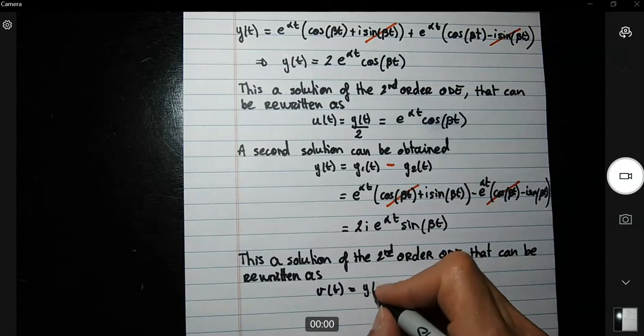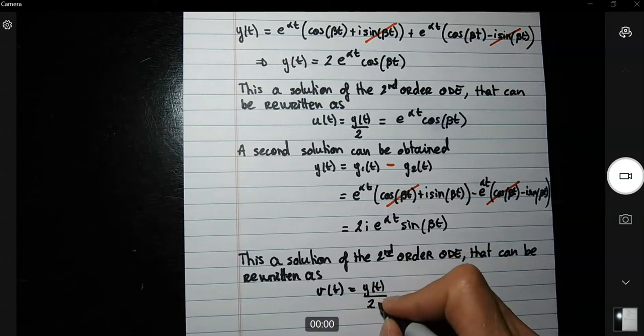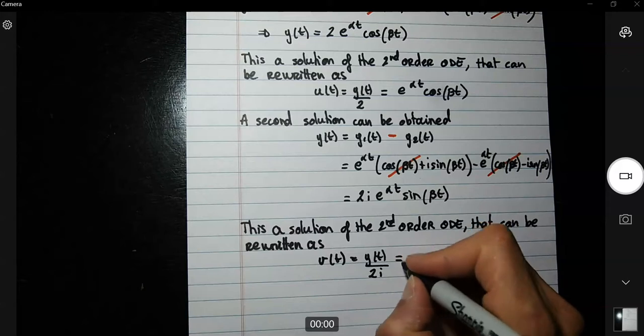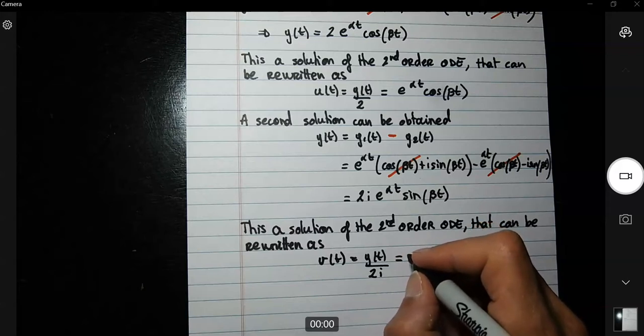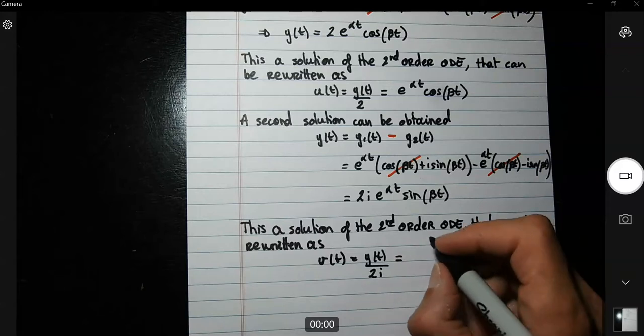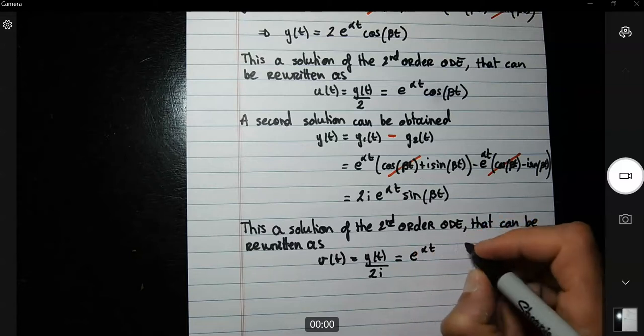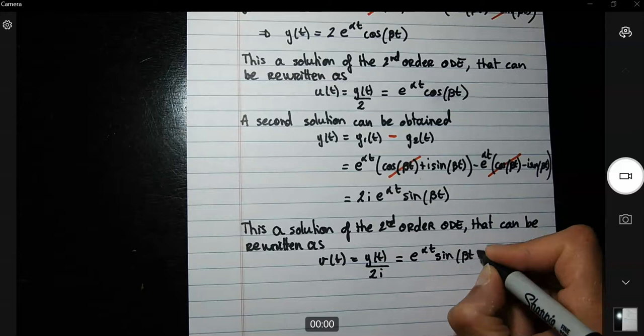This time will be y of t divided by 2i. Okay, this is just a constant. And then this equation here will become e to the alpha t sine beta t.